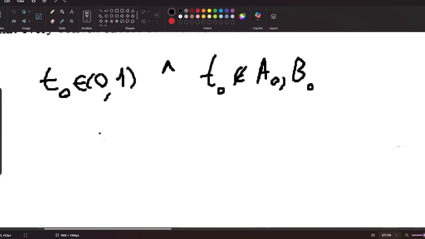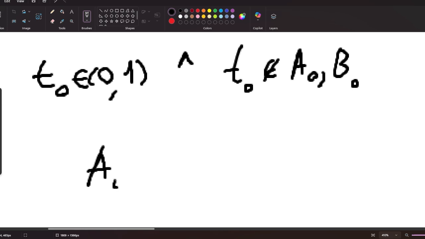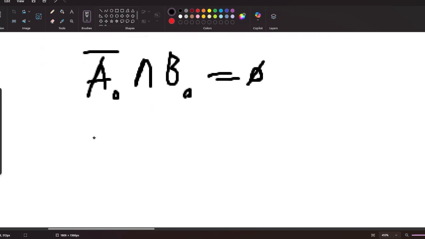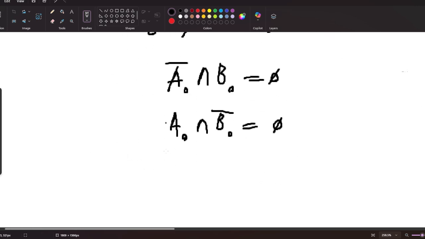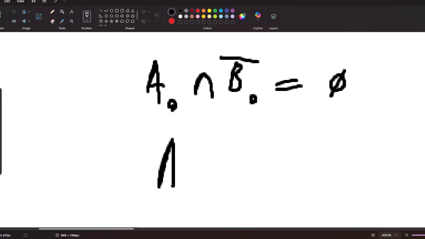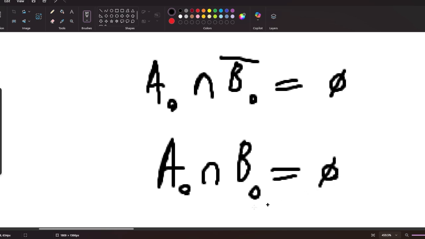Now looking at A0 and B0, the closure of A0 intersected with B0 is going to be the empty set, and similarly the intersection of A0 with the closure of B0 is an empty set. So for one, the intersection between A0 and B0 is an empty set.